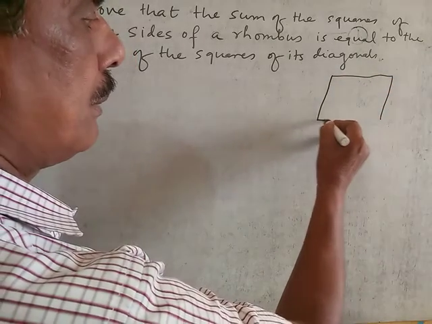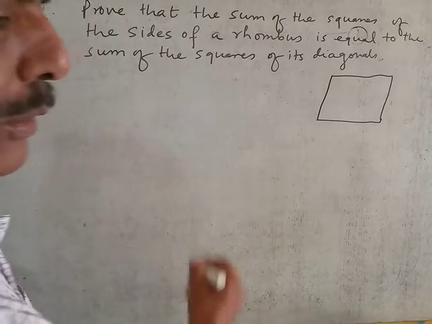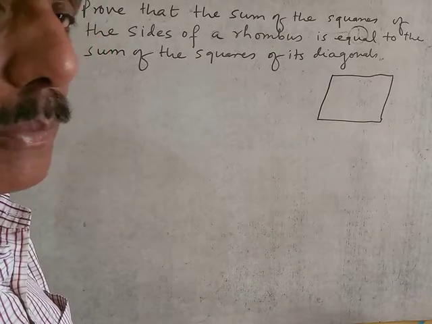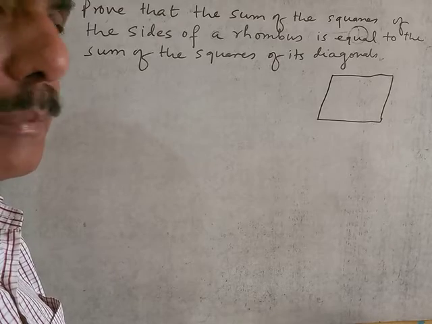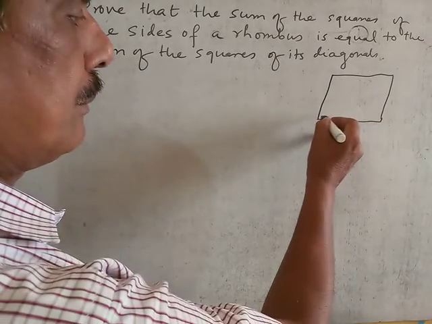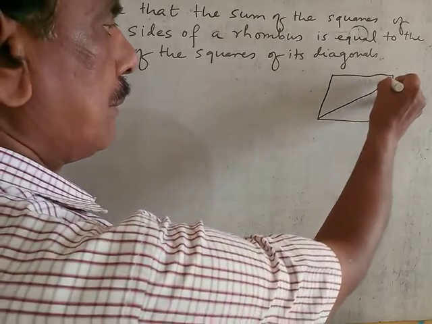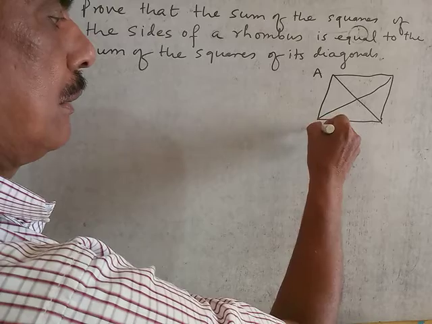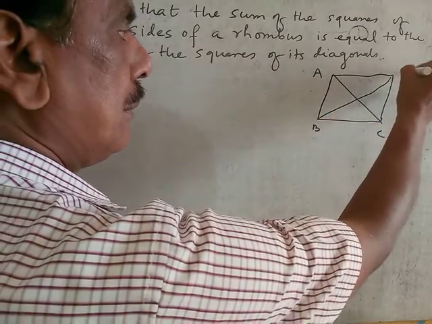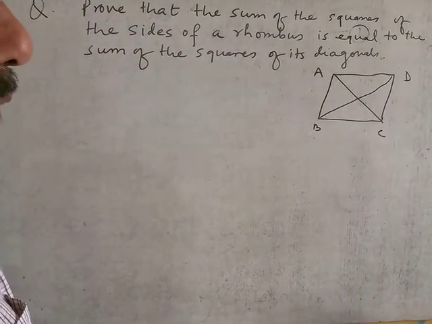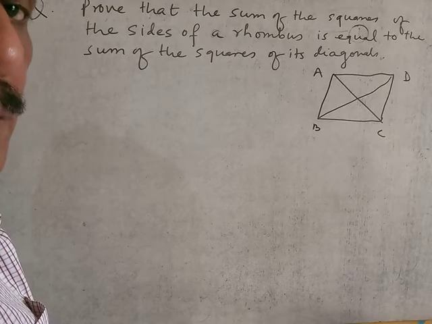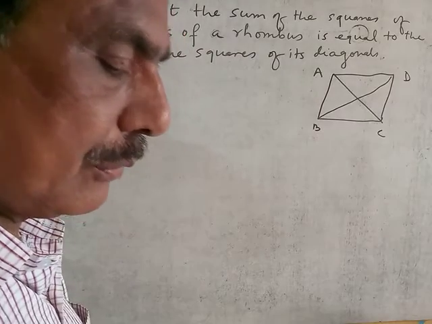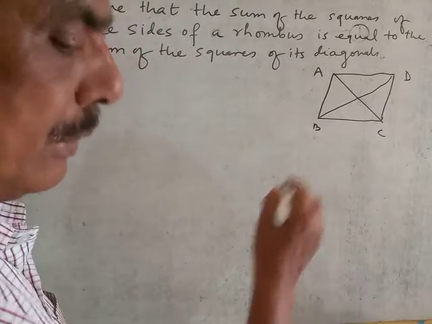A rhombus is a parallelogram whose all sides are equal. This is A, this is B, C, and it is D, where all four sides are equal.